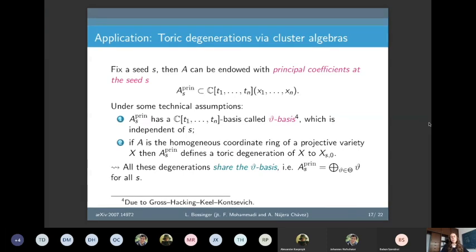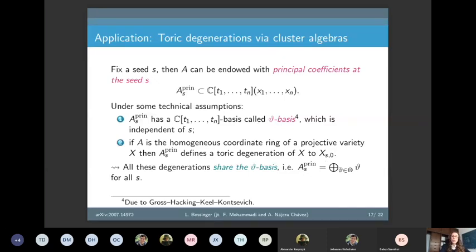And now this is the second time where we observe what it meant on my first slide to share a basis. So all these degenerations for all different S, all these algebras A^prin_S, they have one basis in common. I can, as a vector space, write them as a direct sum of these theta basis elements.